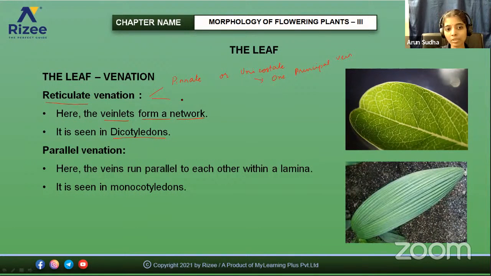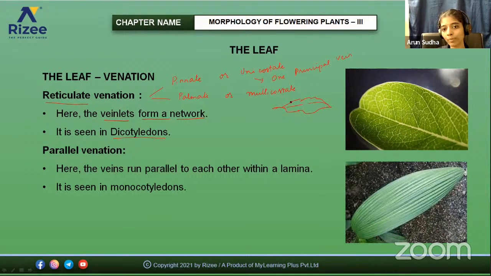There is another type which is called palmate or multicostate. Here the main difference is that there will be many principal veins arising from the tip of the petiole, and they proceed upwards towards the apex.